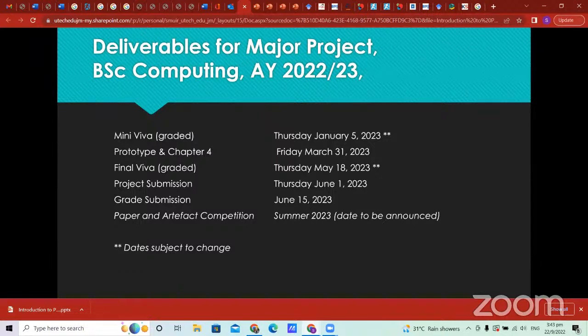Hopefully by then the pandemic will have ended and we can decide for practicality if we want the Miniviva to be online or not. But I'm suspecting that the final Viva this year coming up might be face-to-face, but I'm not predicting. I'm just speculating right now. It is an oral examination.